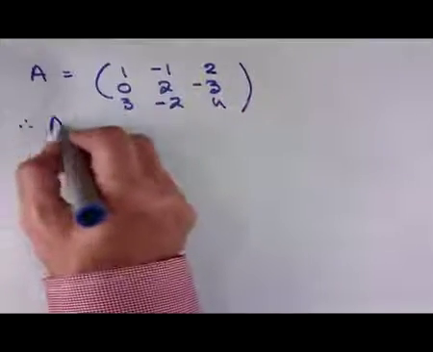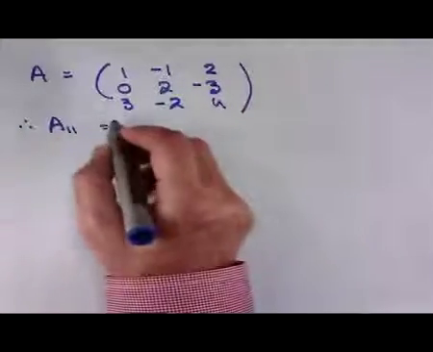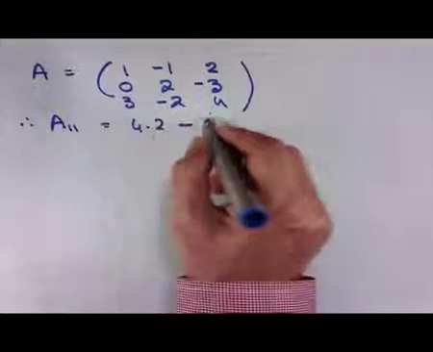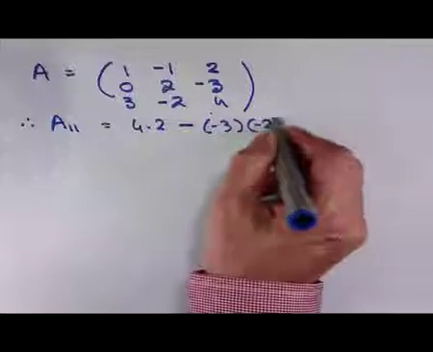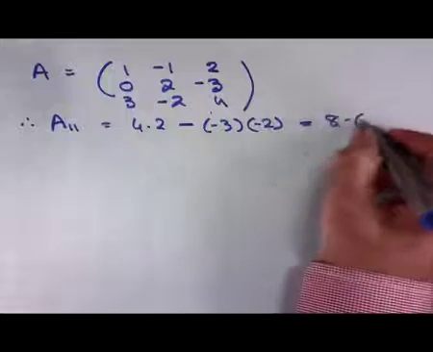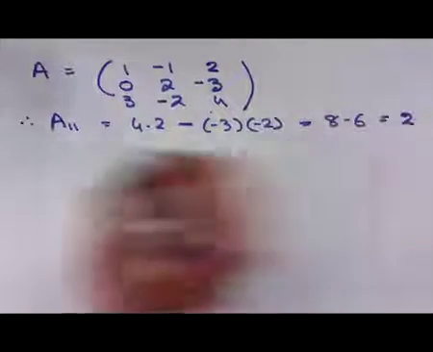Therefore, A11 is equal to 4 into 2 minus 3 into minus 2, is equal to 8 minus 6, is equal to 2.